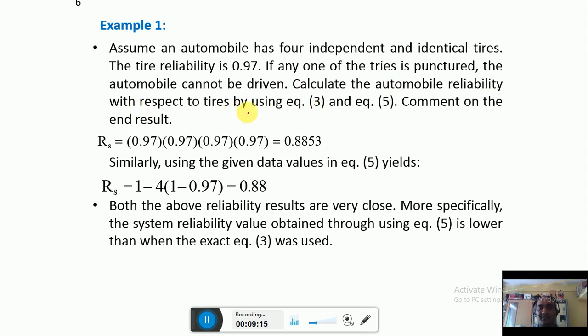When the components are in series, the reliability of the system is simply the multiplication of the reliability of each component. We have four tires, and each has a reliability of 0.97, so just multiply 0.97 four times. So Rs equals 0.97 into 0.97 into 0.97 into 0.97, four times.